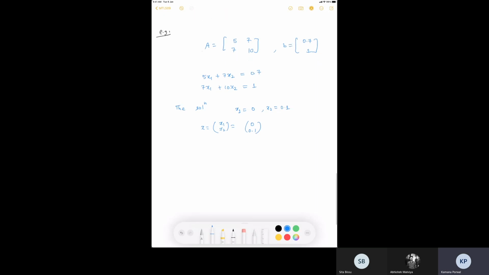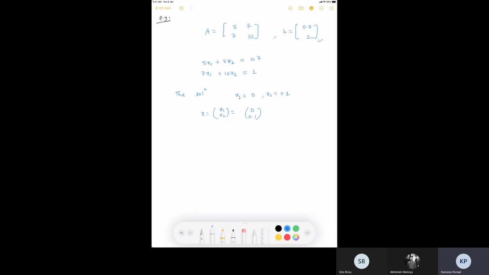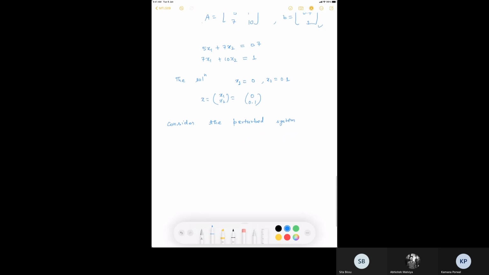Okay, now let's just perturb the vector b. I'm going to consider the perturbed system. The first entry b1 I'm going to perturb by 0.01, that is, I'm going to take 0.69.